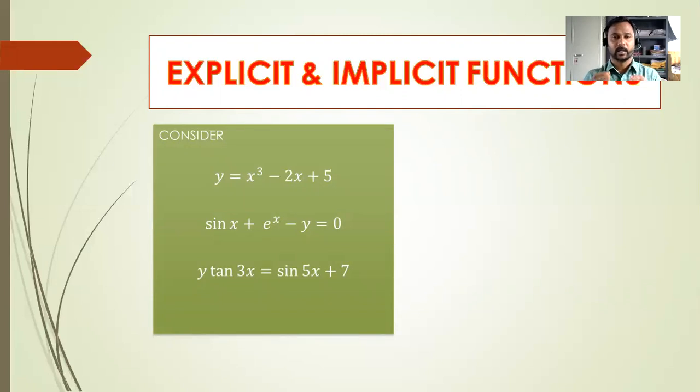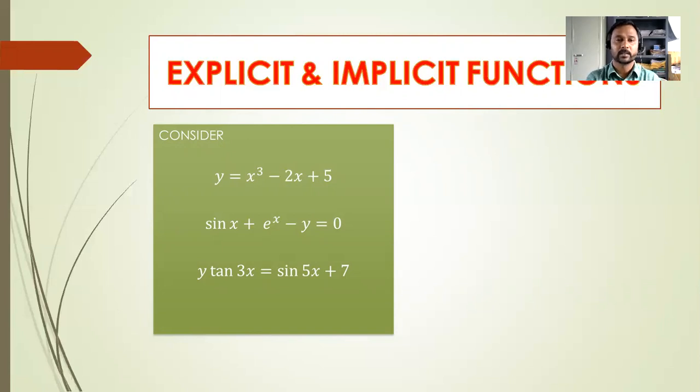You can see that the whole expression in the variable x is on the right side of the equal sign, and all those in y are on the other side of the equation. So in the first equation, the variables x and y are given separately. We can easily separate those variables to different sides of equality.